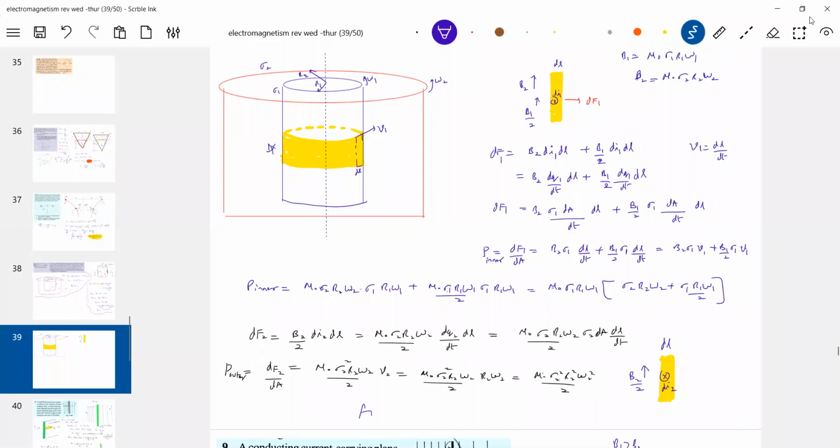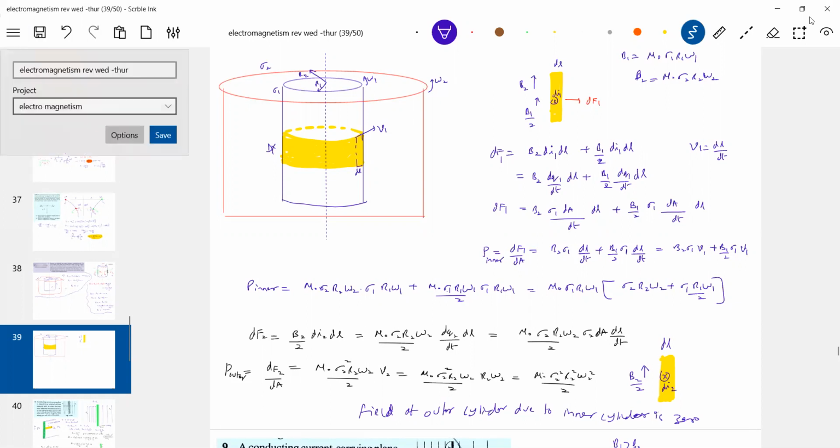Field at outer cylinder due to inner cylinder is 0.